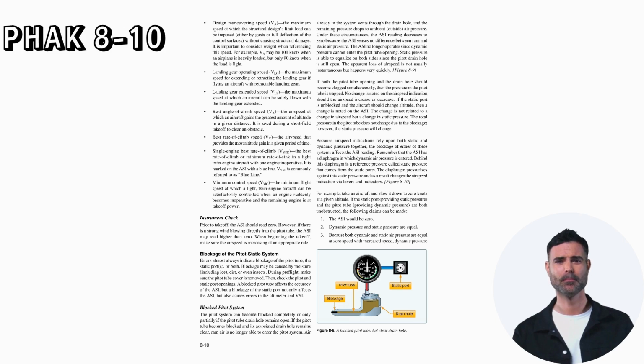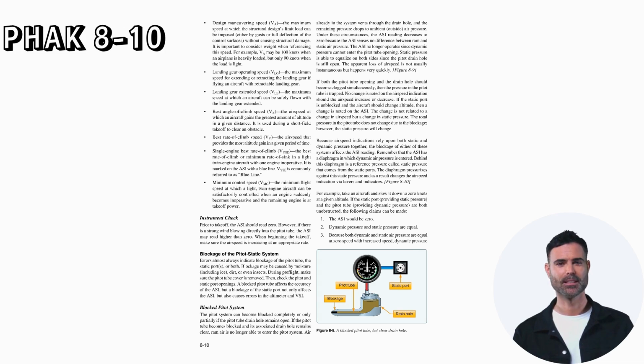Blocked pitot system. The pitot system can become blocked completely or only partially if the pitot tube drain hole remains open. If the pitot tube becomes blocked and its associated drain hole remains clear, ram air is no longer able to enter the pitot system. Air already in the system vents through the drain hole, and the remaining pressure drops to ambient outside air pressure.